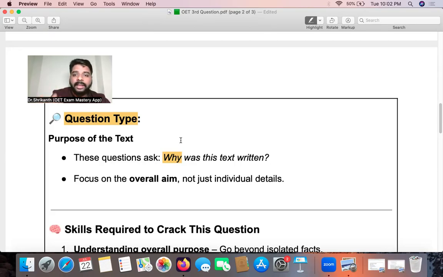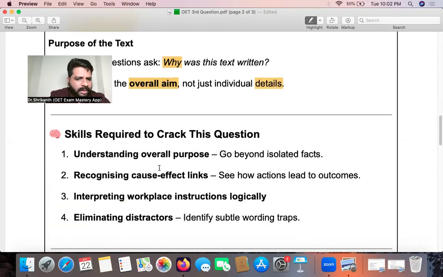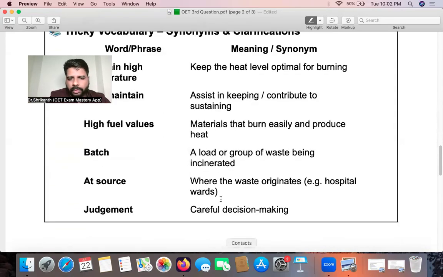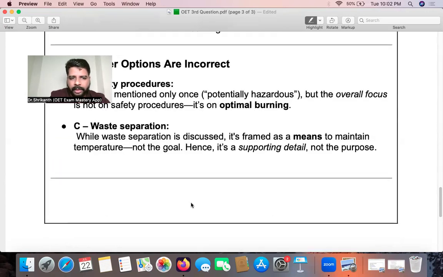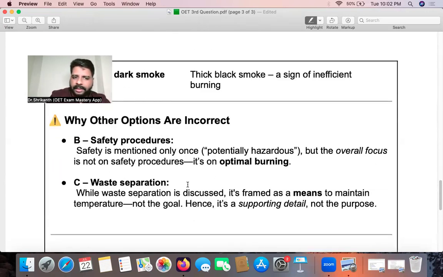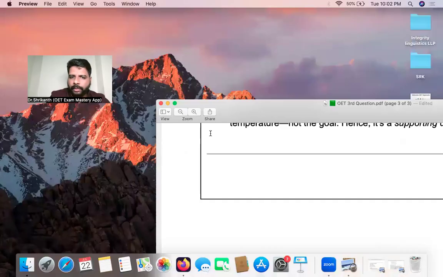That is what we call inference skills. You have to focus on the overall aim, not just individual details. If you're focusing on individual details, then you fall into the trap of OET. There are certain skills required here, and we'll also discuss the vocabulary, and I'll explain why B and C are wrong as well. We will do that later on.